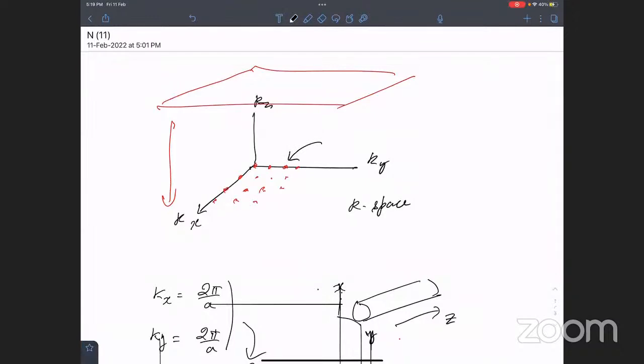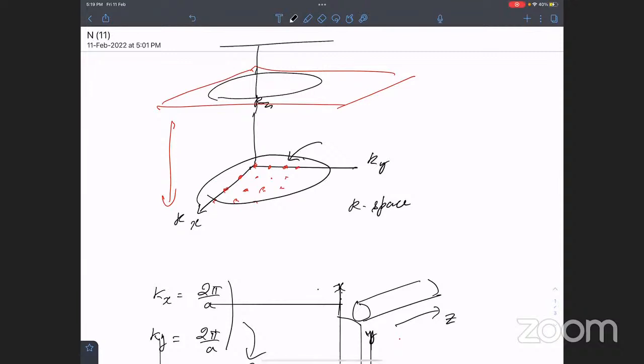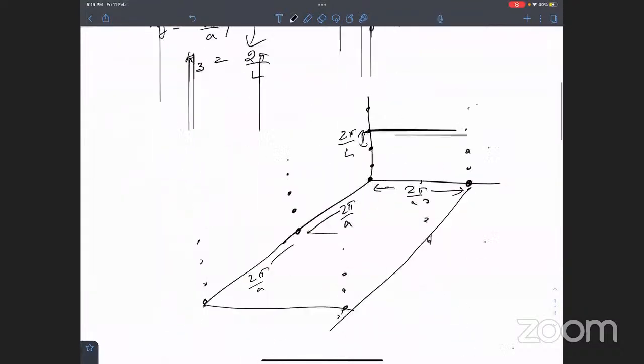We're going to count the states from 0 to E on this plane. And then we're going to count the states with total energy 0 to E on this plane, and add the two, right? Like that, there are multiple planes on top also.